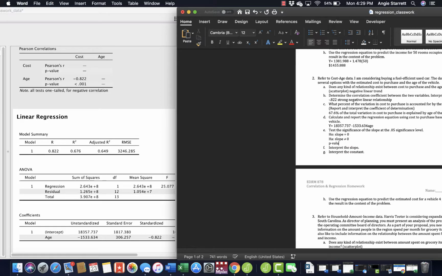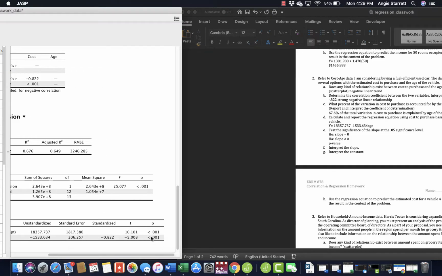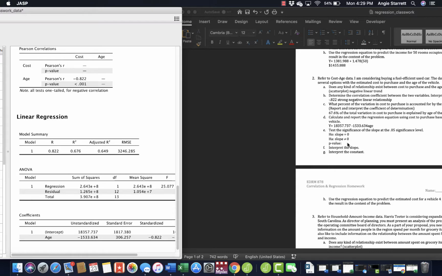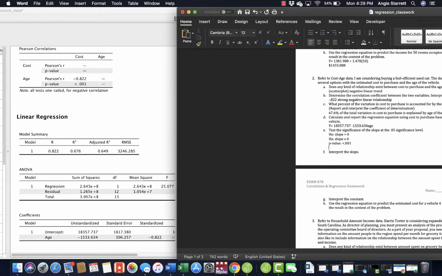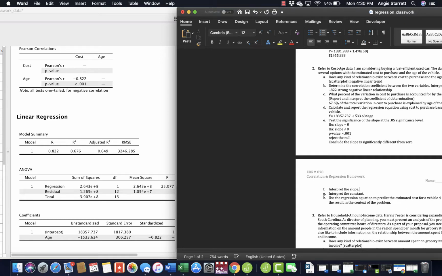And our p-value, if we go over here to age, is less than 0.001. So we reject the null. Conclude the slope is significantly different from 0.